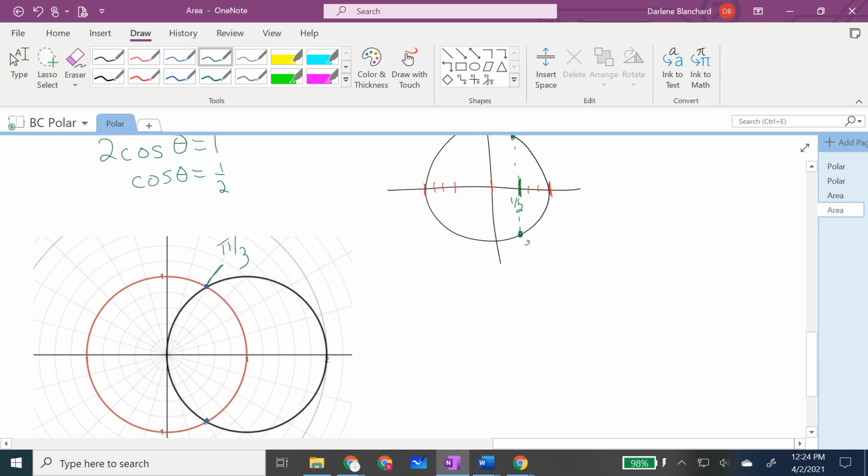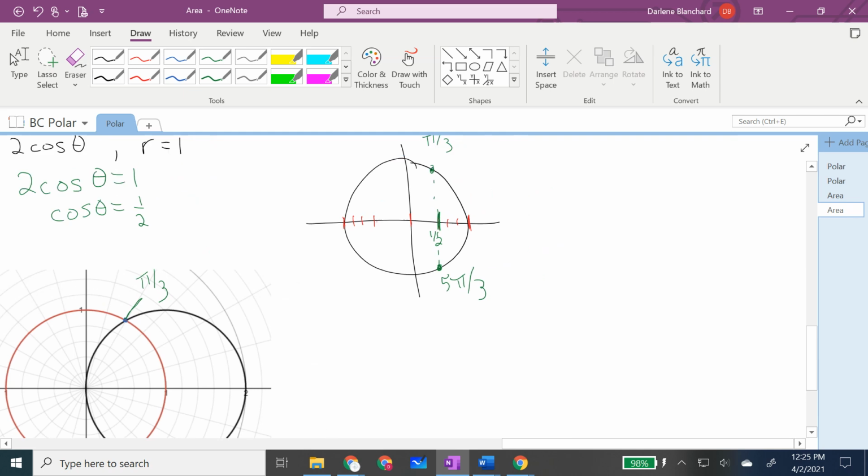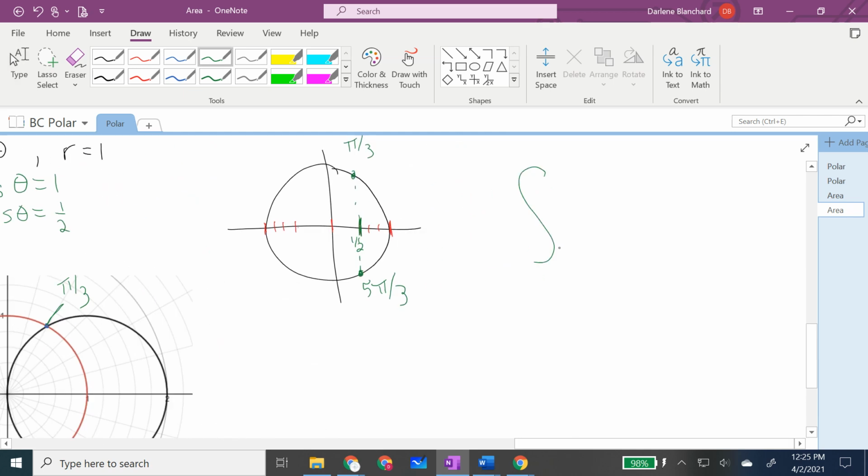So this other angle is 5 pi over 3, but be very careful. If you set up an integral and you say 5 pi over 3 to pi over 3, realize that that is not giving you what you're thinking it's giving you.